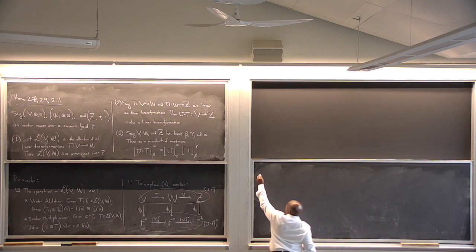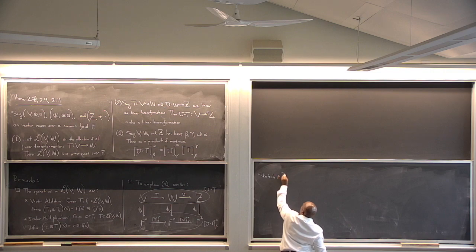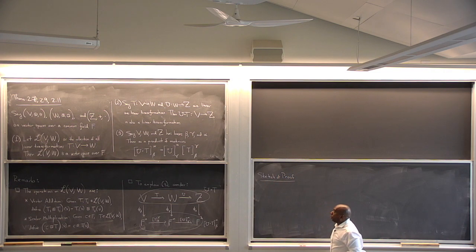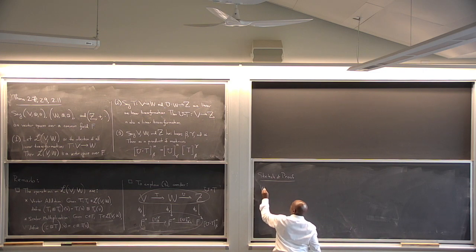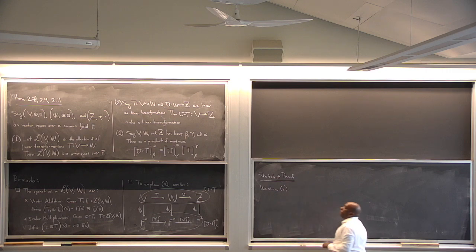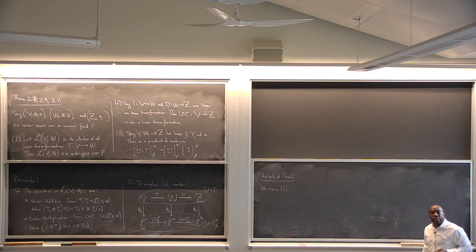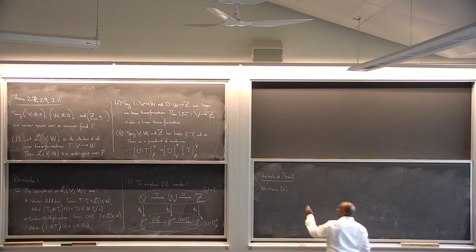So here I just want to do a sketch of the proof. So let's start by showing 2. That is to show that the composition is a linear transformation.